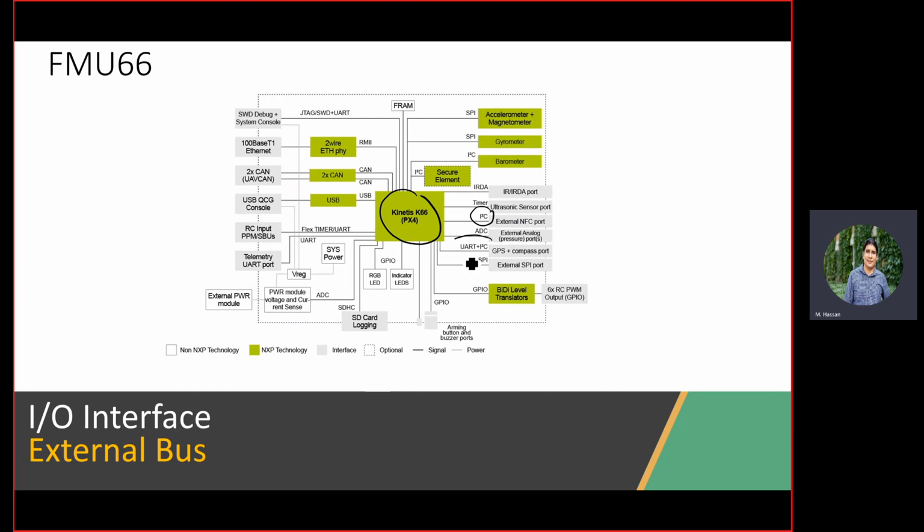And then there is a UART here. There is an SPI. This is the GPIO that connects to the LEDs you have done. There is a CAN bus as well, because this FMU can also be used in automotive applications. So CAN is a very common interconnect protocol for automotive.